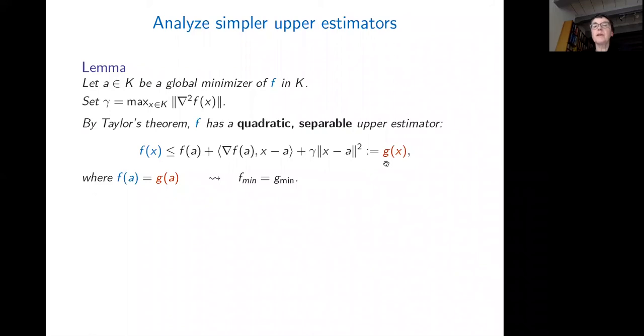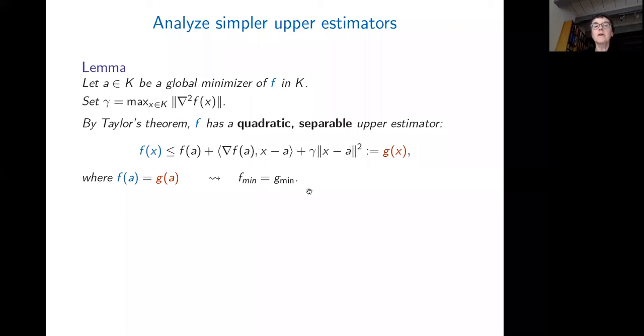So this g has several properties. It is quadratic, and it is separable in the various variables. And the third important property is that if you look at the minimum of g over the set K, it's again attained at the point a, and it has the same minimum as f. So f min is equal to g min.